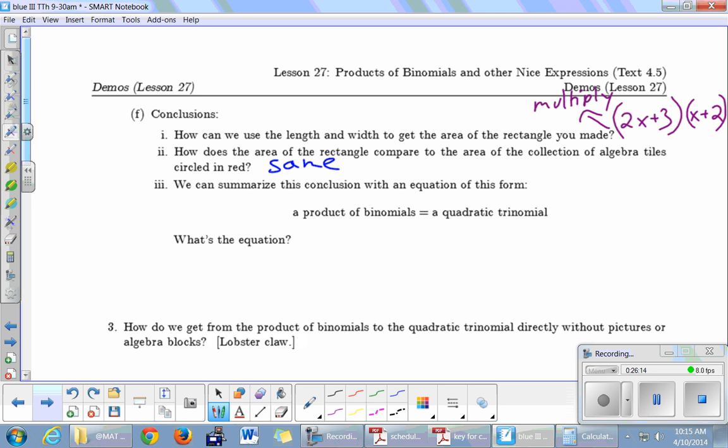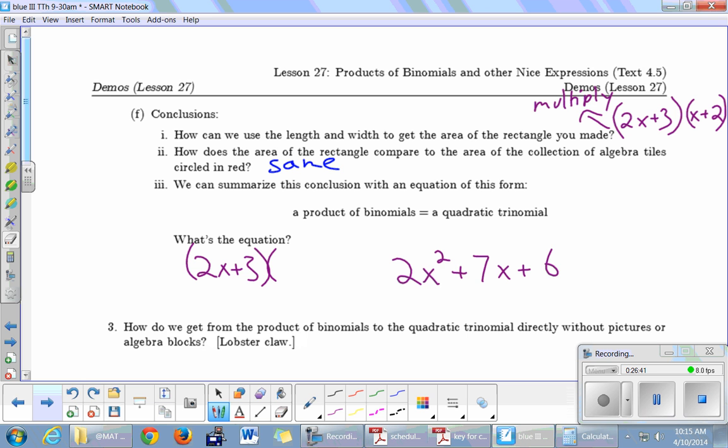The area of the collection we already wrote down. Can you remind me? 2x squared plus 7x plus 6. That was the area of the collection. But up here in the top right of the board, we wrote down the area of the nice rectangle that you made on your paper, because it was the length of that rectangle times the width of that rectangle.